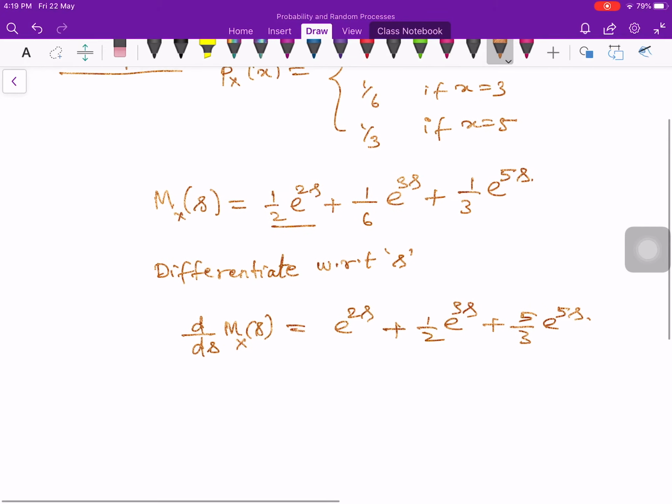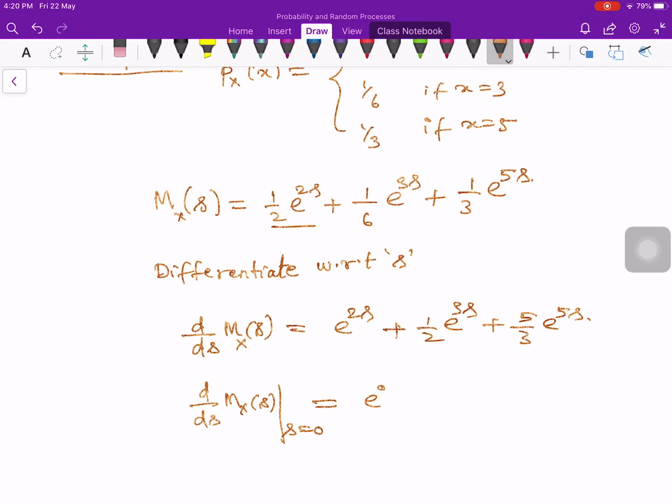Now substitute s equal to 0 in d over ds M_X(s). Then this is equal to e power 0, which is 1, plus 1/2 times e power 0 plus 5/3 times e power 0.